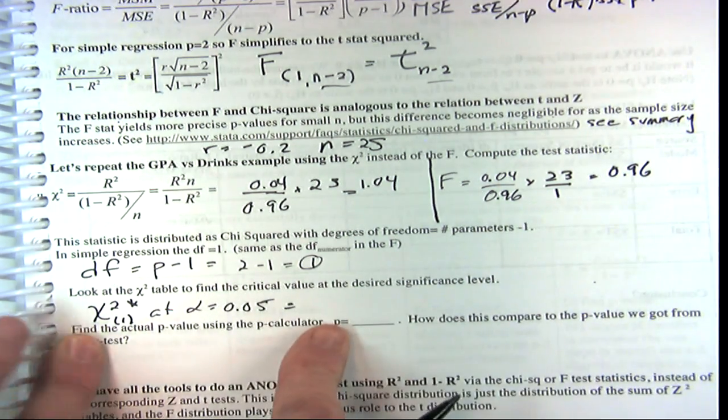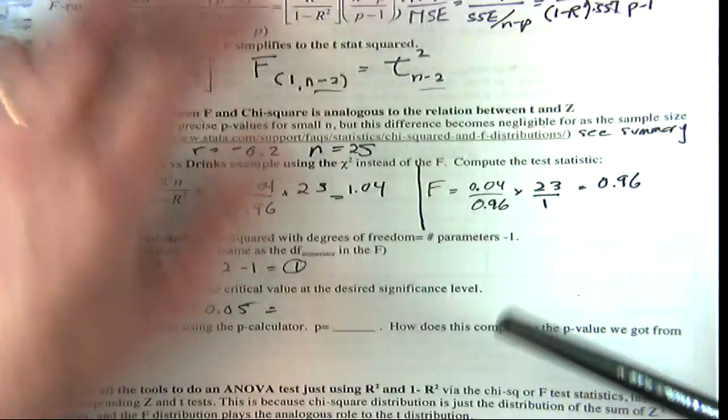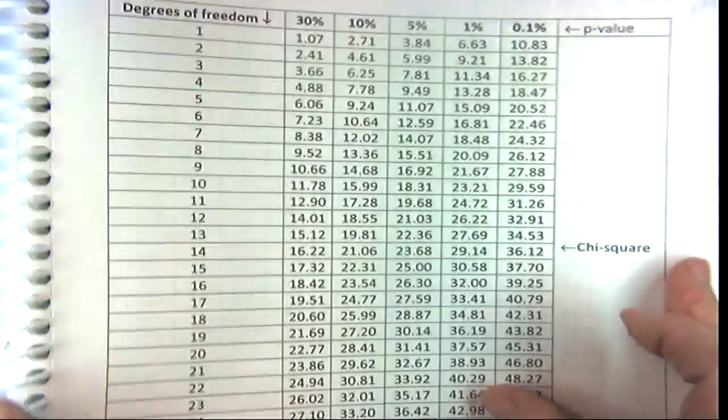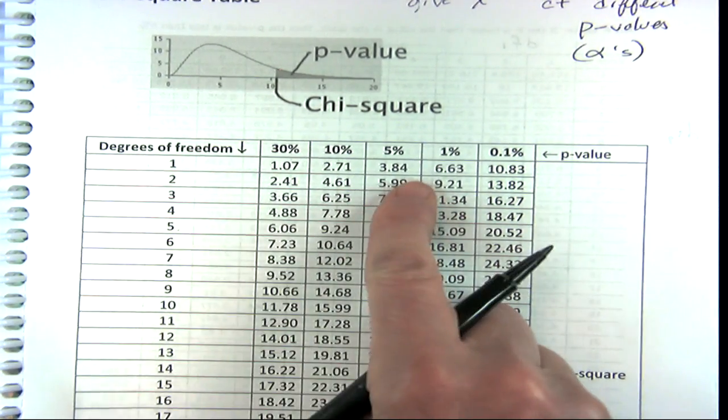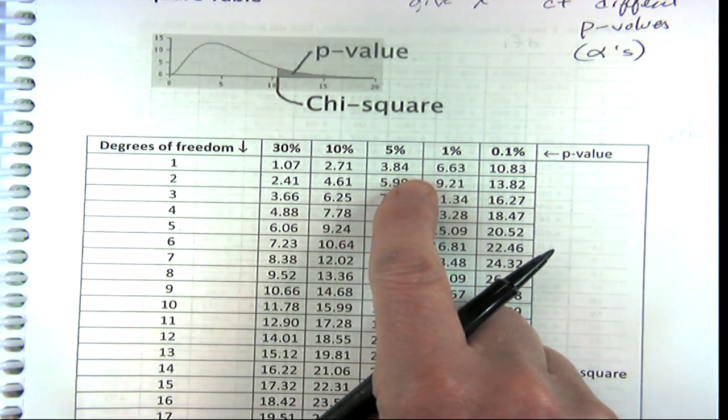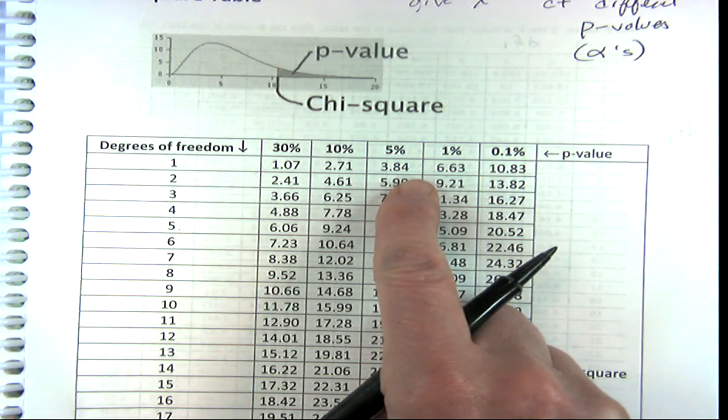We'll just look at our chi-square table. We'll do the same thing we did with the F, but now the chi-square table is so much nicer because it just has one set of degrees of freedom. So it's so much easier to read. It's just 1 degree of freedom, and the critical value at 5% is 3.84.